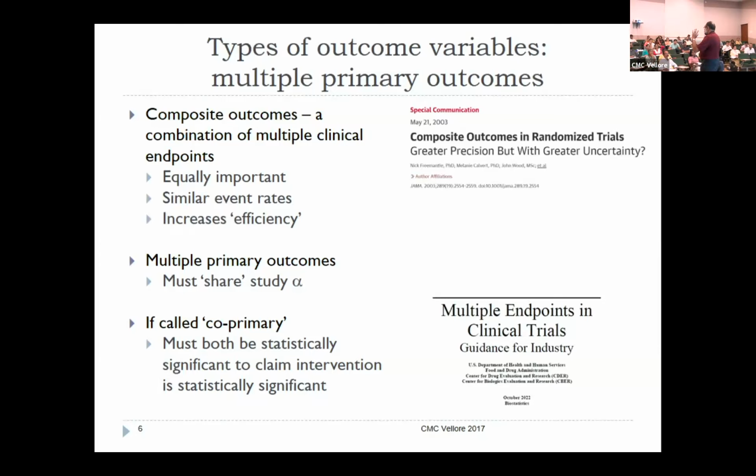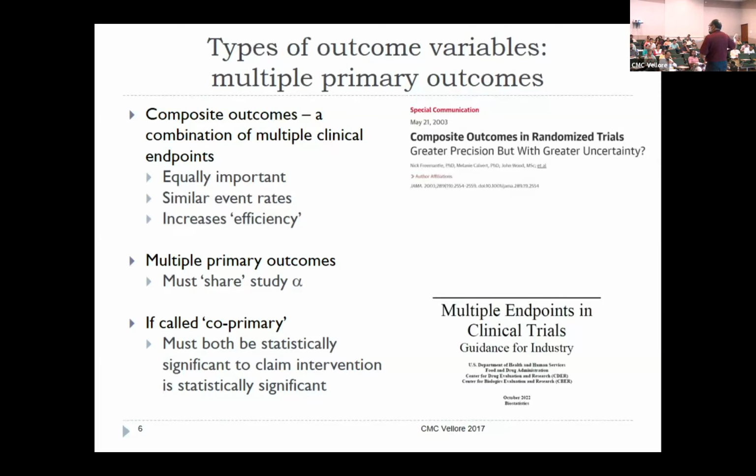Fine, and I'll share the alpha among them. But if I want to call them co-primary outcomes, the FDA has a special definition for co-primary outcomes. So here's another place where you have to be very, very careful of your words. Calling them multiple outcomes is very, very different than calling them co-primary outcomes.